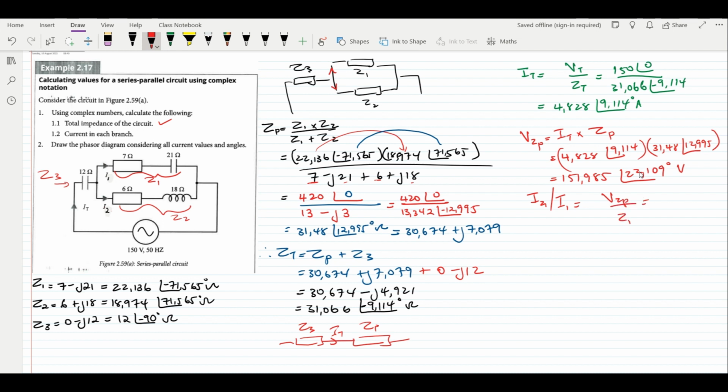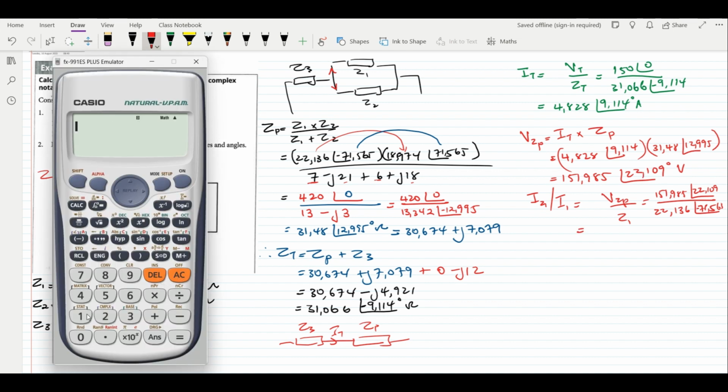This is 151.985 at an angle of 22.109 divided by Z1, which is 22.136 at an angle of negative 71.565. Still here, we punch in our calculators, 151.985 divided by 22.136. What do we get here?